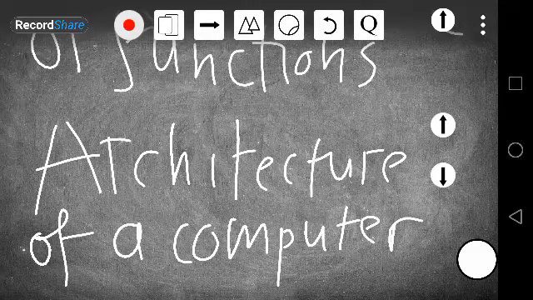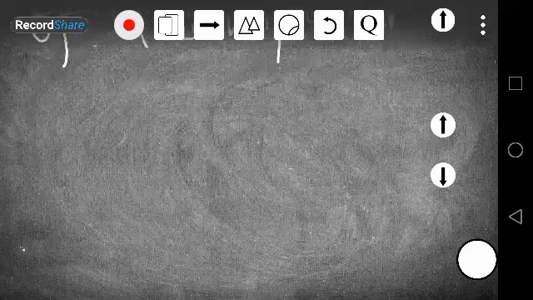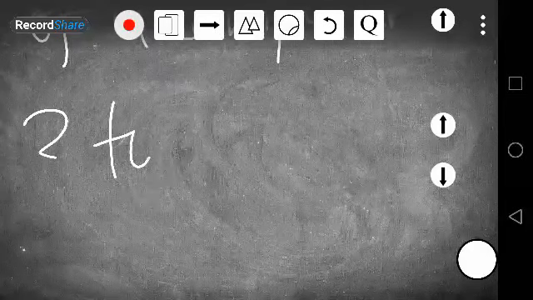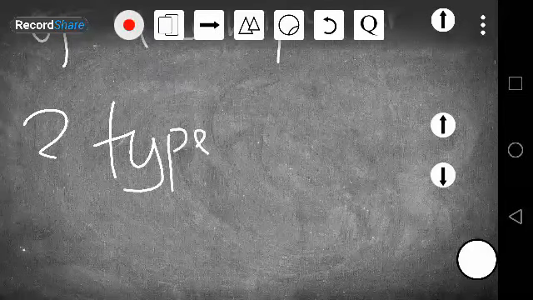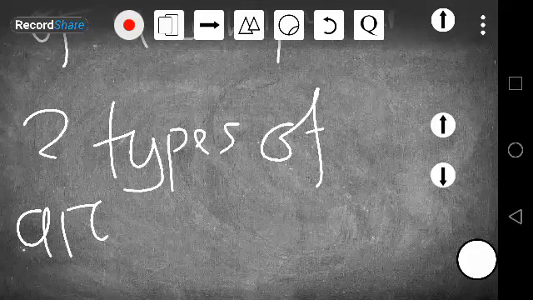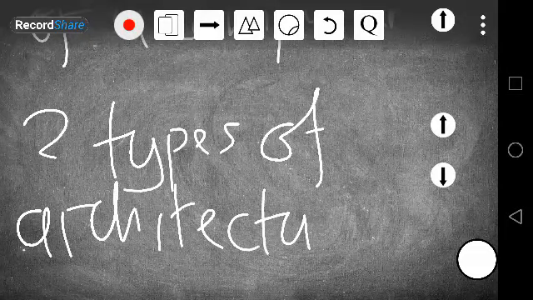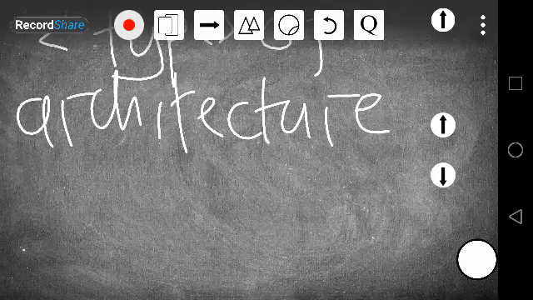So basically we have two types of architecture. But today I'm going to speak much about one of them.